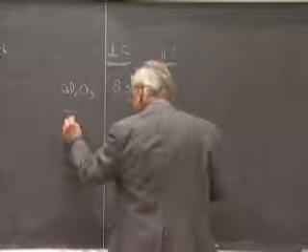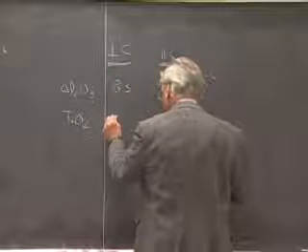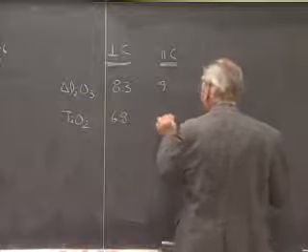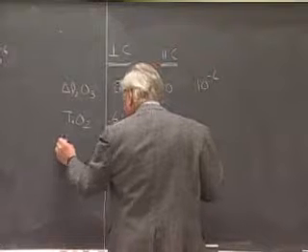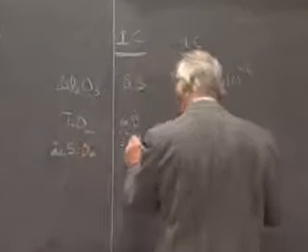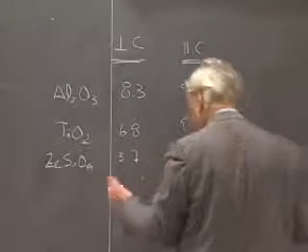For TiO2, which is trigonal and therefore also uniaxial, 6.8 parallel to C, 8.3 perpendicular to C. For zirconium silicate, 3.7 and 6.2, almost a 2-to-1 difference.